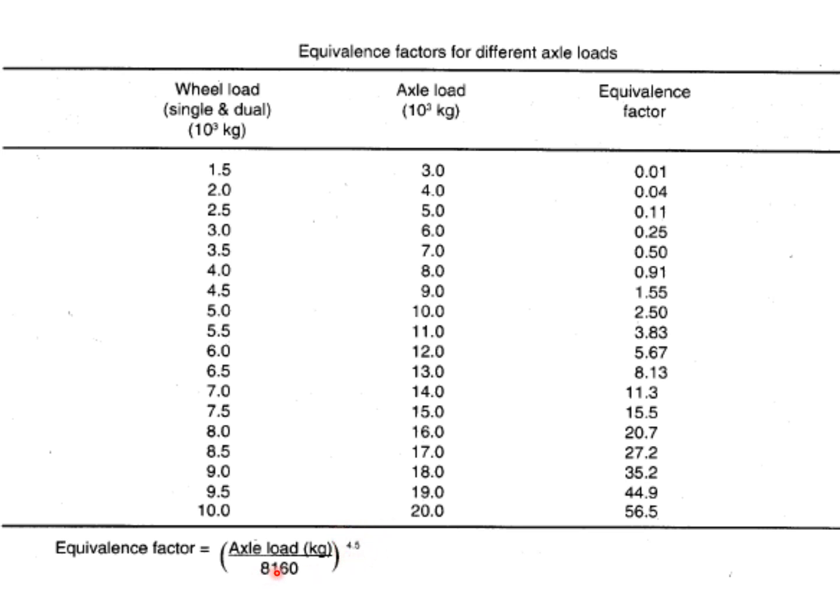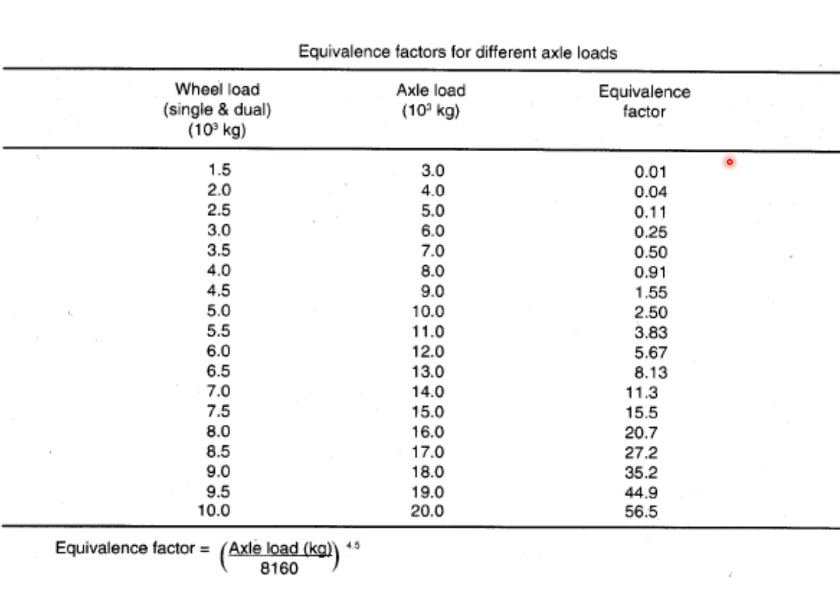So axle load in kilogram divided by 8160, that is the standard axle load in kilogram. And look at this power, this is 4.5. In AASHTO guidelines we use 4, but here in Road Note 31 it is 4.5. So by using this table or this formula, we can determine the equivalence factor.